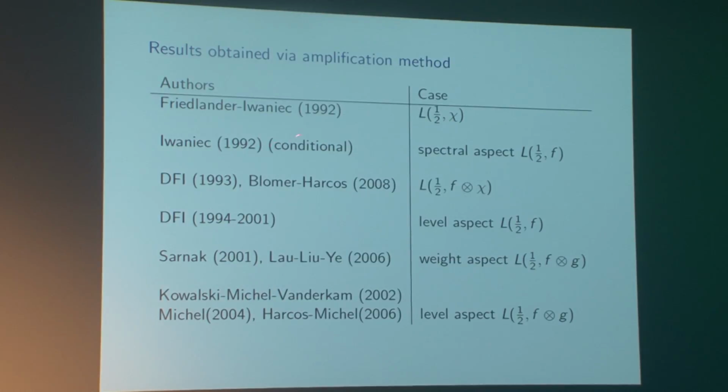And then there has been a series of 7-8 papers by Duke, Friedlander and Iwaniec between 1994 and 2001, which give you the level aspect subconvexity for a degree 2 L-function, and then the paper of Sarnak and Liu, Ye, which gives the weight aspect for the Rankin-Selberg convolution when one of the forms is fixed, and then Michel, Kowalski, Michel and Venkatesh, and Harcos and Michel for the level aspect. So this technique was very useful to deal with degree 1 and degree 2 L-functions.